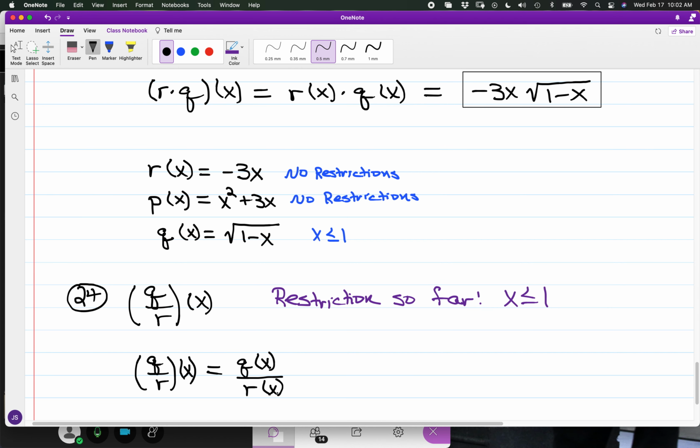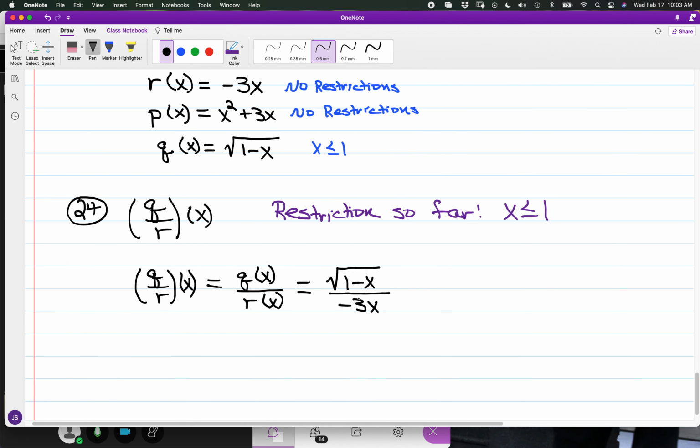So you have Q of X over R of X. And Q of X, we have the square root of 1 minus X. And R of X, we have negative 3X. And guess what? This ratio is already in simplest form.